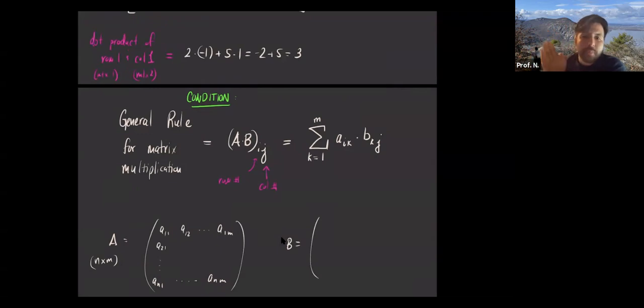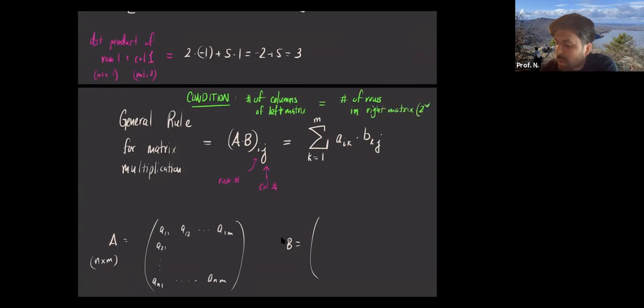The condition for multiplying matrices is that they don't necessarily have to have the same size, but the number of columns of the left matrix, the first one, has to equal the number of rows in the right matrix, or the second matrix.